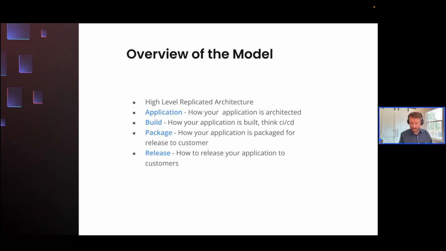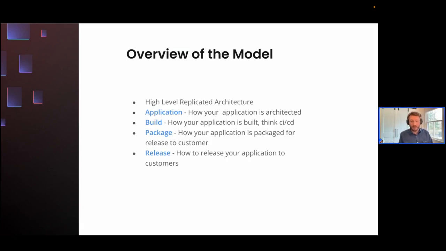We'll go into more detail on that a little later. We talk about your application, how we think it should be architected for success, what kind of CI/CD things you should be looking at for success when your application is built, what kind of packaging decisions you should be looking at to put your application in for that delivery.